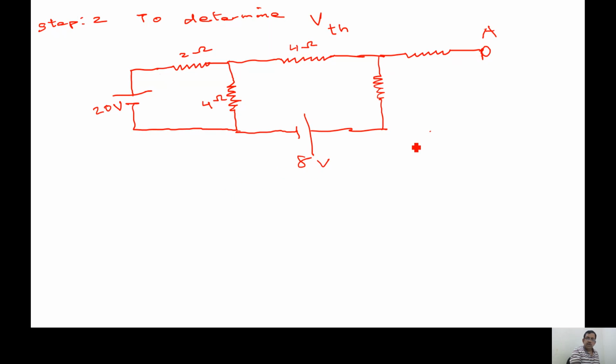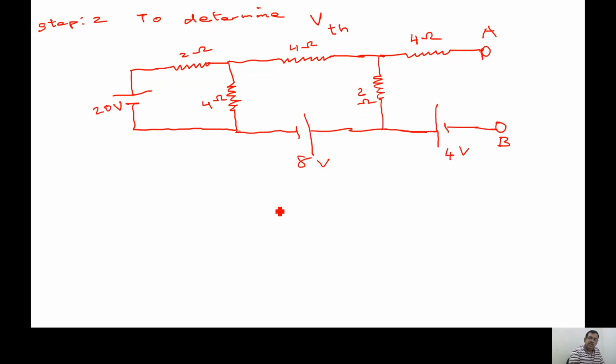The source goes in this fashion now. This is 4 volt. And then this is my other open terminal B. So I need to find the Thevenin's voltage across AB. So this is 2 ohm and this is 4 ohm.